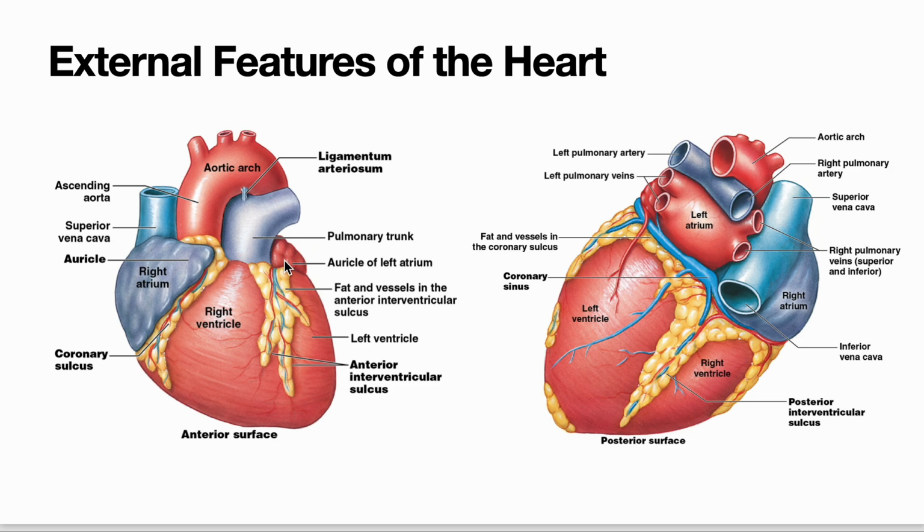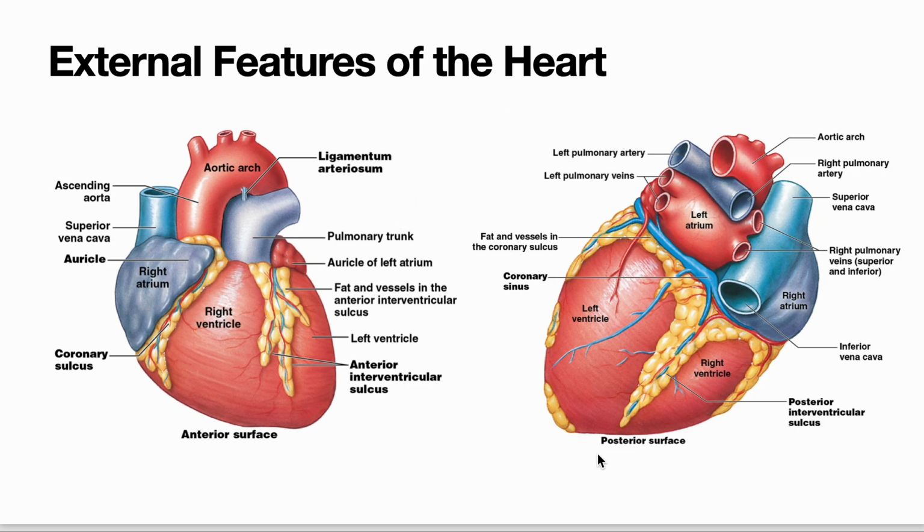And just peeking out over here is a little bit of the left atrium's auricle, hidden in part because more of it is around the back, and the pulmonary trunk also arches over in front of it. So those are some of the major features. I think in lab, you also went over some of these trunks that are going to come off the aortic arch. So you can think about those. You've got left subclavian, left common carotid, and brachiocephalic.